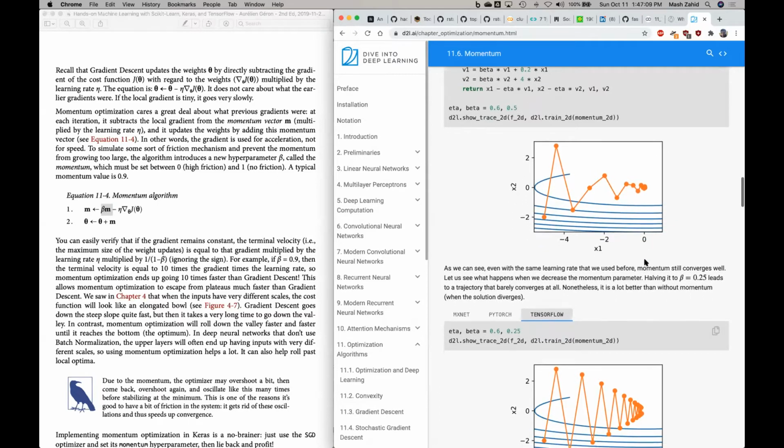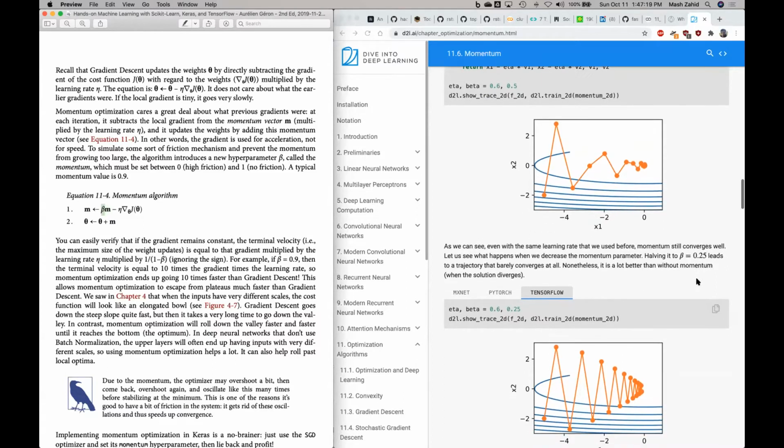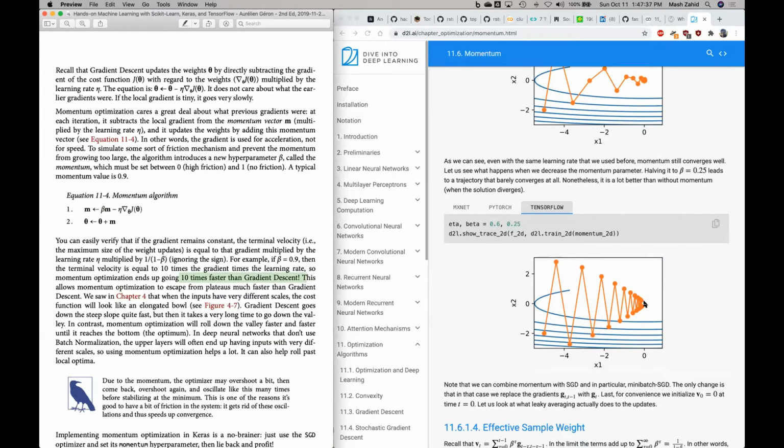And then, of course, if you reduce the value of the momentum parameter beta to something much lower than 0.9, say 0.25, just as Jeroen also explains over here. He says stick to 0.9 because it's going to speed up your training 10 times faster than normal gradient descent. Well, sure enough, here's kind of why. If you use the lower value of beta, it'll still begin to oscillate. It'll get to the minimum, probably take longer.